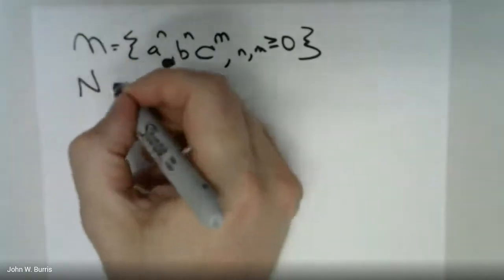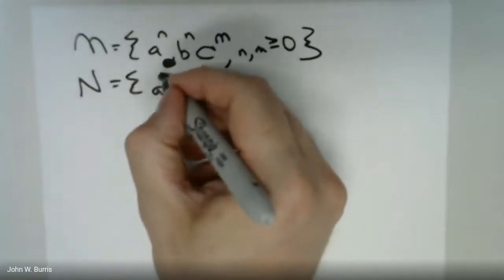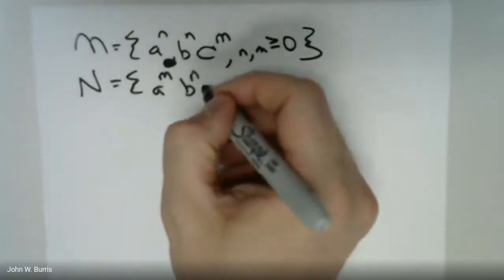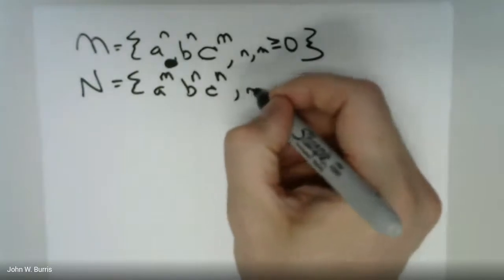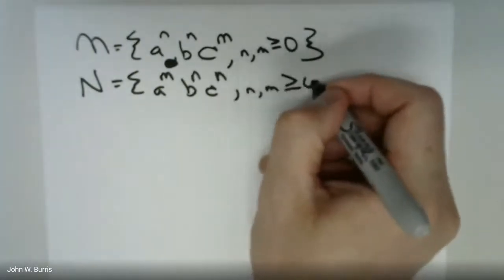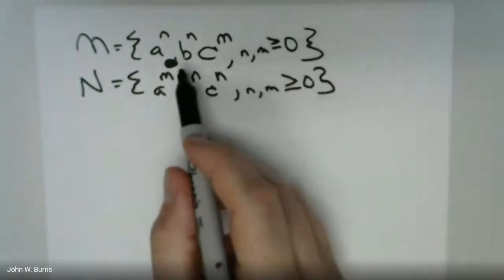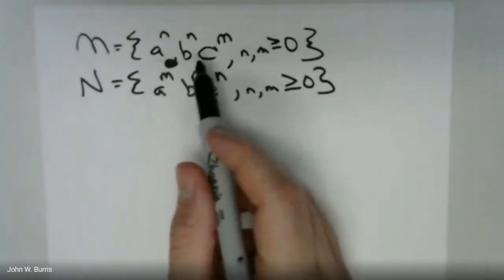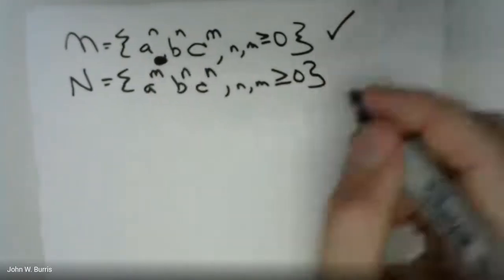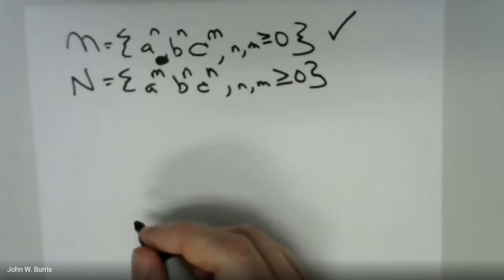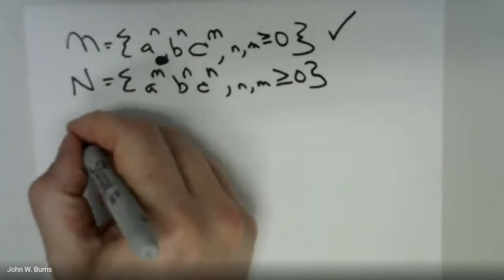And for the language N, which is A to the M, B to the N, C to the N, where N and M are greater than or equal to 0, is this context free? Yes. I can build a context free grammar that accepts it.